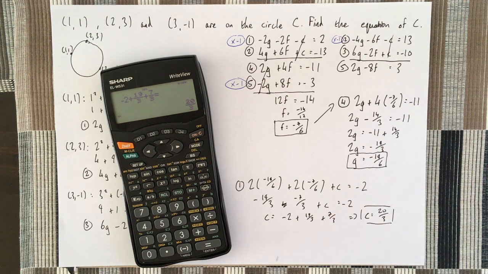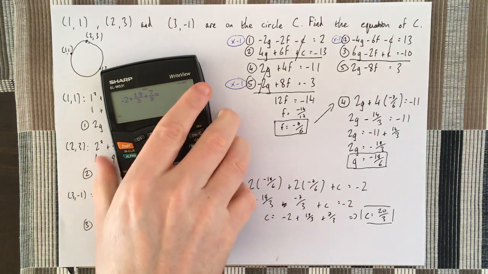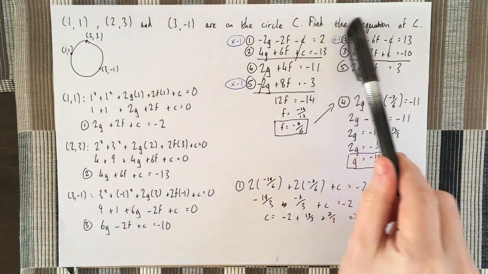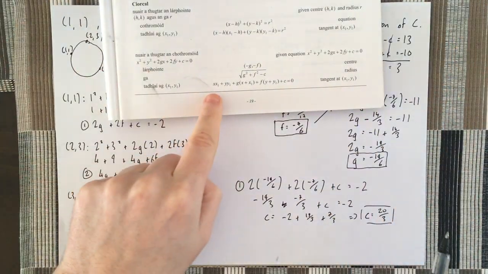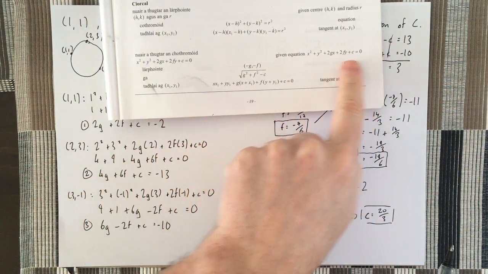All right, just be careful here. You're not quite finished because they want the equation of the circle. So they want you just to sub f, g and c into this formula here.